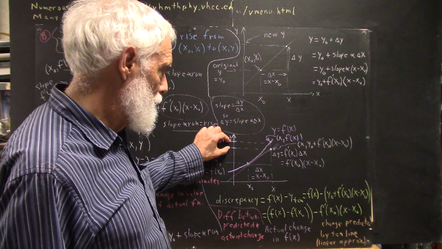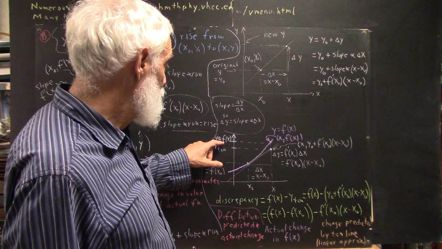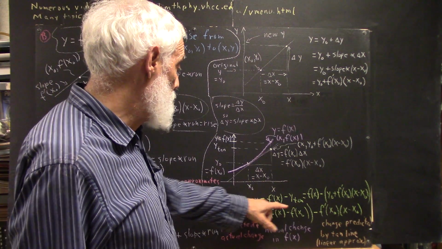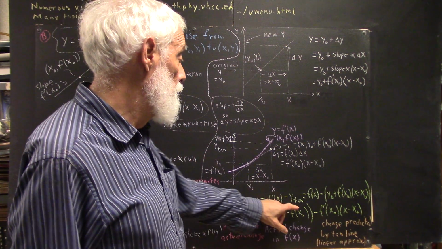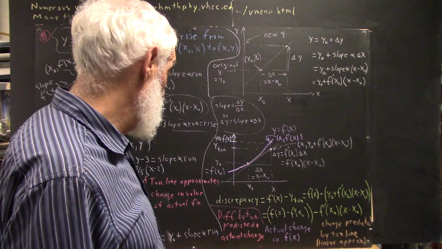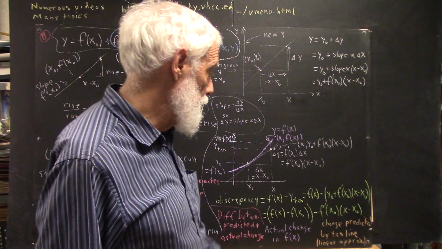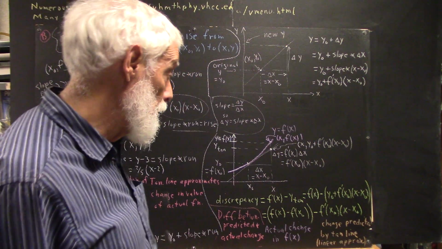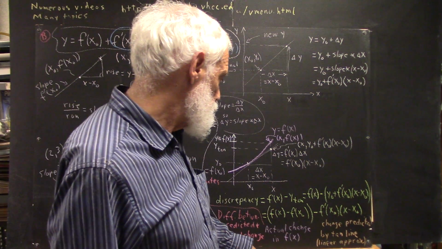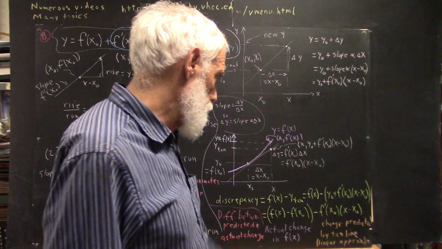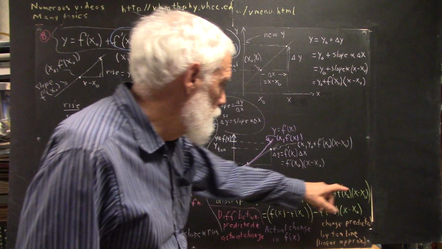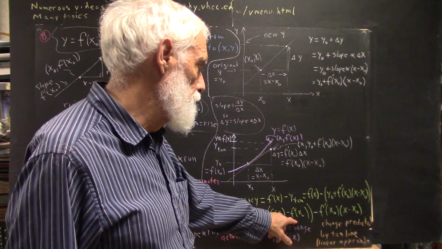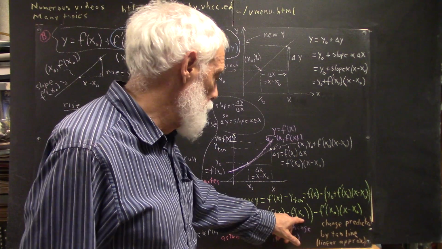Okay, the discrepancy is what? Well, it's this difference here, which is f of x minus y predicted by the tangent. Okay? And y predicted by the tangent, of course, is y naught plus f prime of x naught times x minus x naught. And y naught is f of x naught. So we rewrite this as f of x minus f of x naught, which is what?